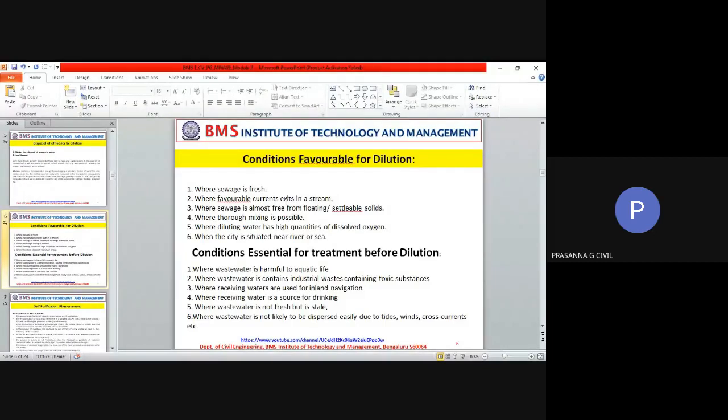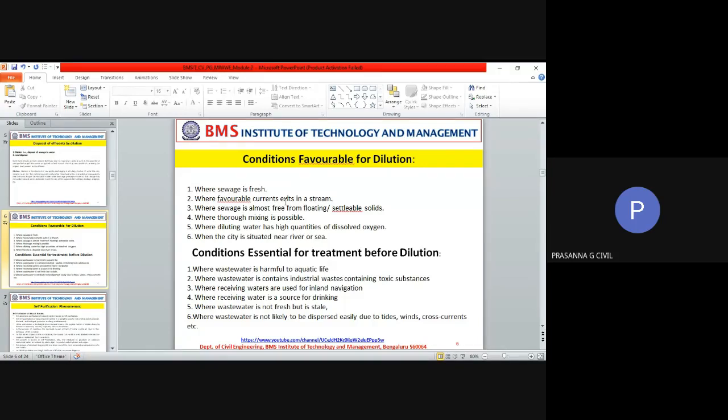If you have more floating matter like oil and grease, they tend to form a scum on the surface, and these scums will prevent oxygen from dissolving into the water. The underlying layers will definitely start becoming anaerobic under these conditions. Where thorough mixing is possible, there you can think about dilution. That is the same as currents and things like that.